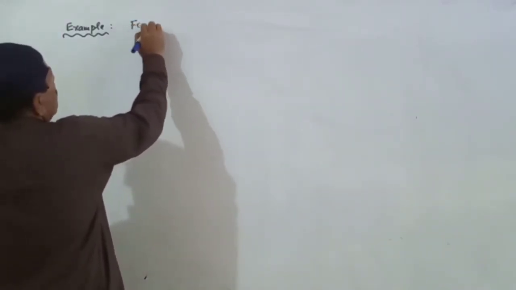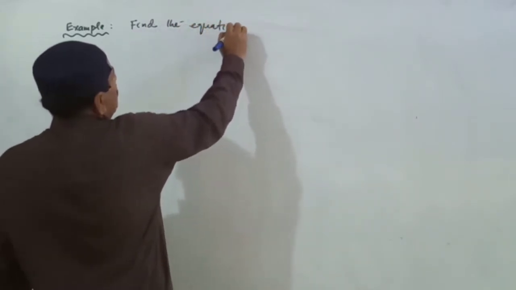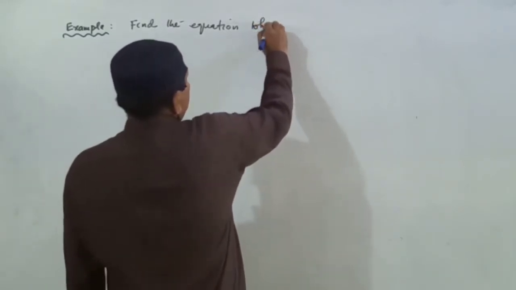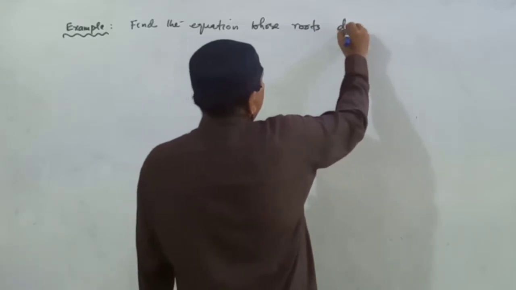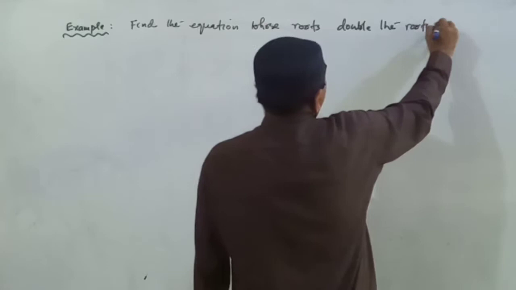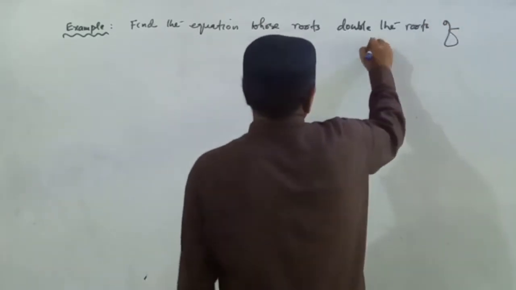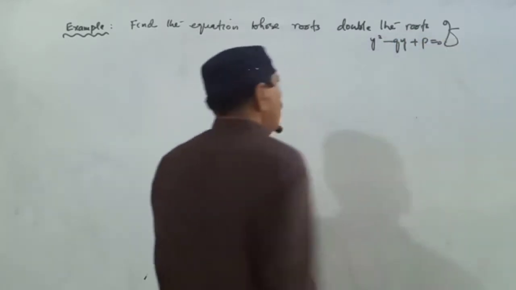Example. Find the equation whose roots are double the roots of y square minus qy plus p is equal to 0.